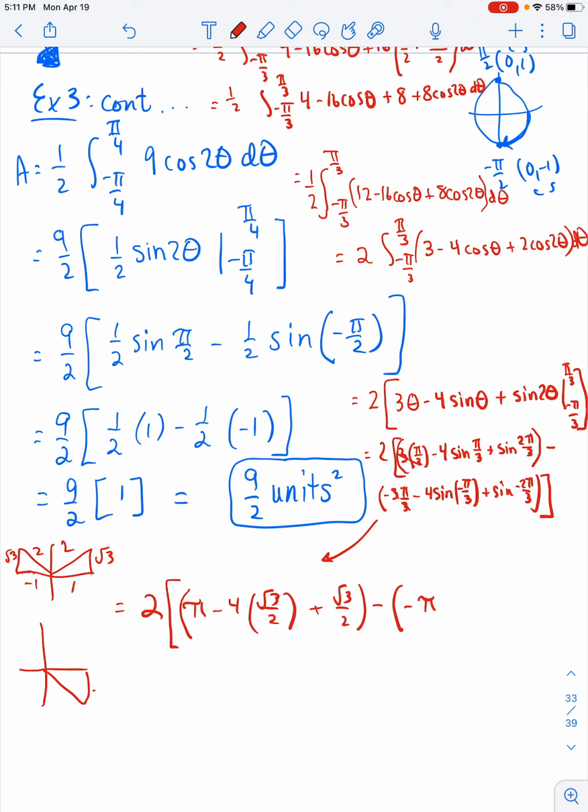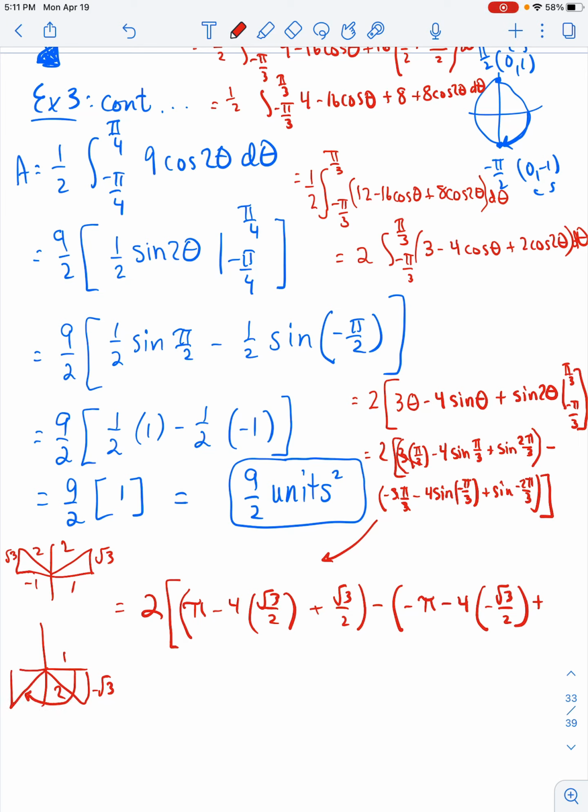Now we've got negative pi over 3. So this is going to be negative square root of 3 over 2. So the sine of that one, negative pi over 3, so it's going to be minus 4 times negative square root of 3 over 2.